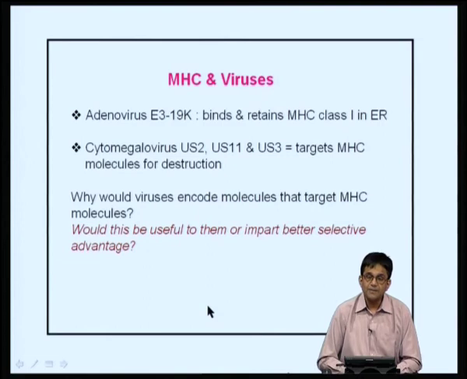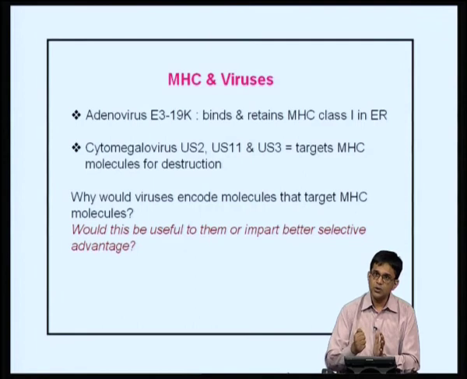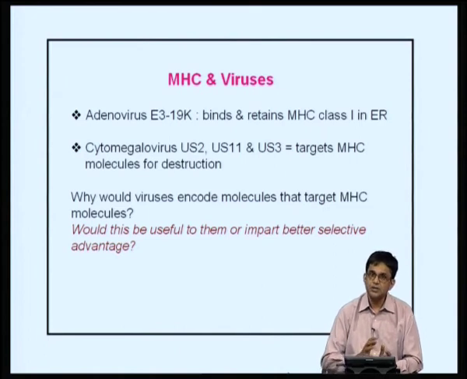An important aspect that we need to study, especially with respect to host pathogen interactions, is that if the host comes up with molecules, the pathogen also tries to come up with molecules that will evade, and this is seen very well in the interrelationship between MHC and antiviral responses.